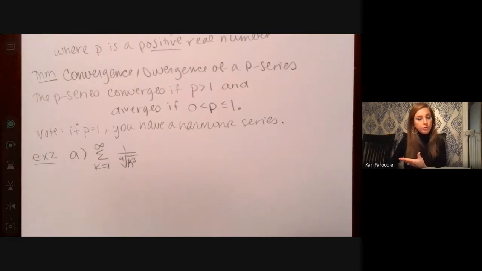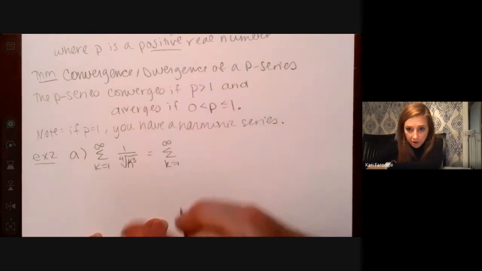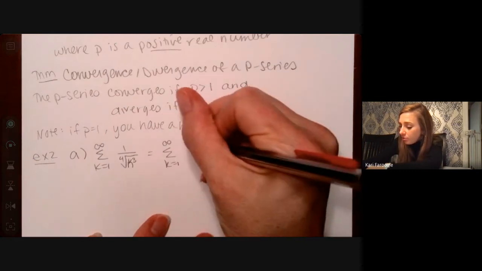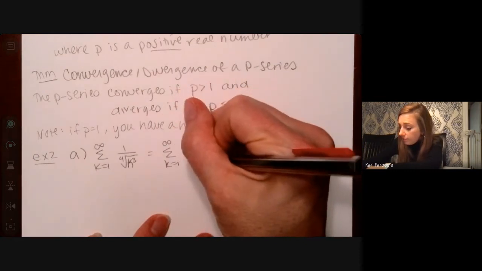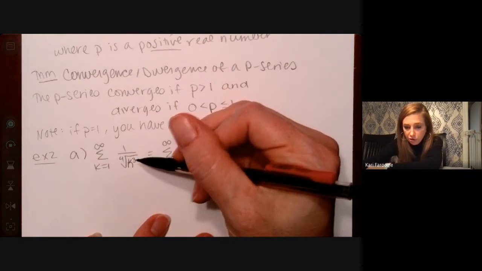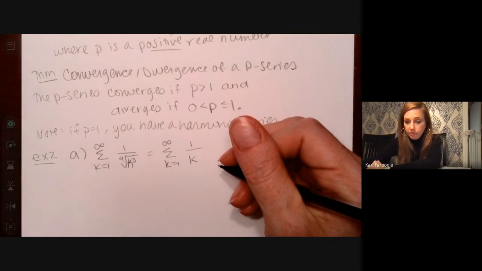So you're going to have to rewrite it so that it looks like a p series. We must write this correctly, meaning that we need to remember how to write our rational exponents, converting back and forth between these radicals.